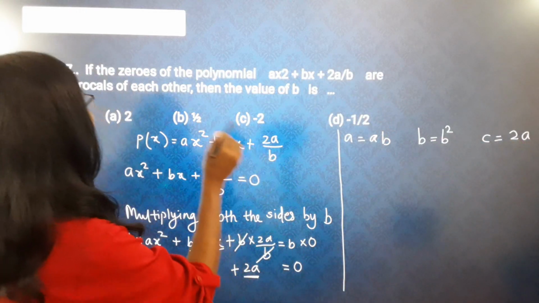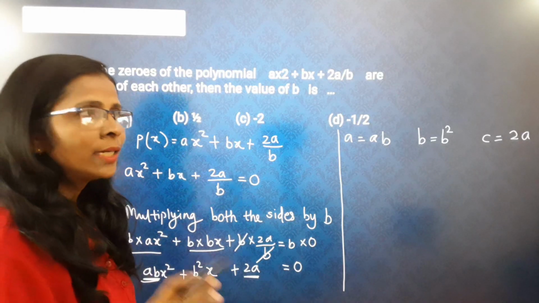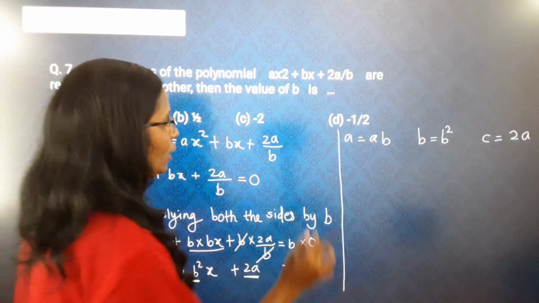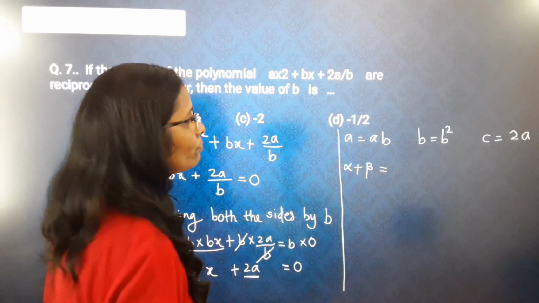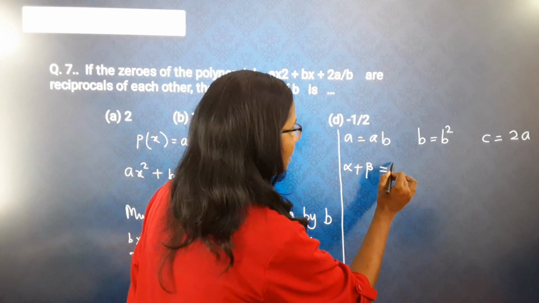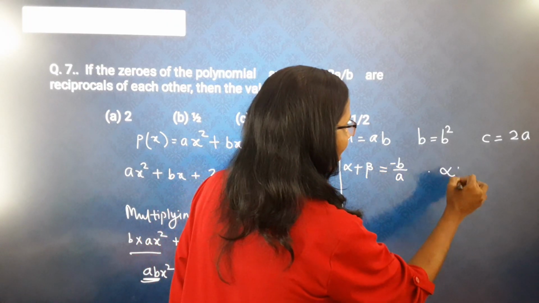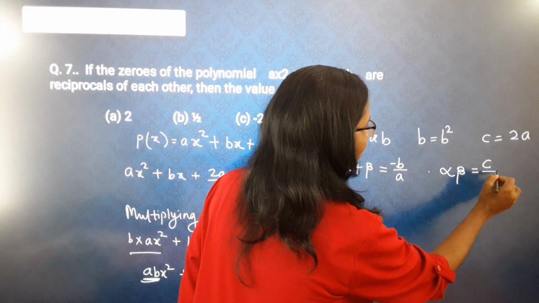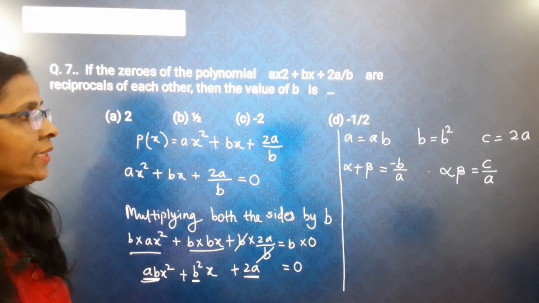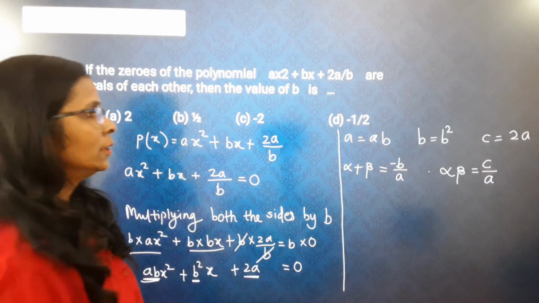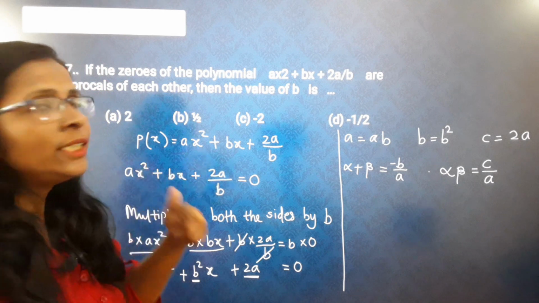Then let us consider that alpha and beta are the zeros of the given polynomial. So here alpha plus beta is equal to minus b upon a, and alpha beta is equal to c upon a. Okay, so now we have to find out the value of b. Here is also the condition given.